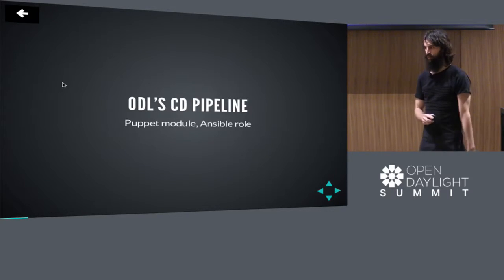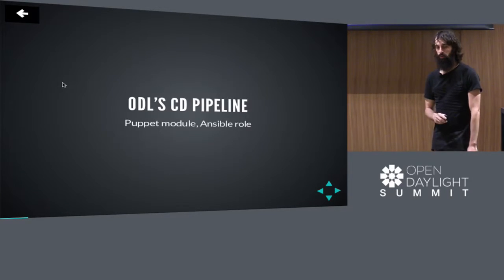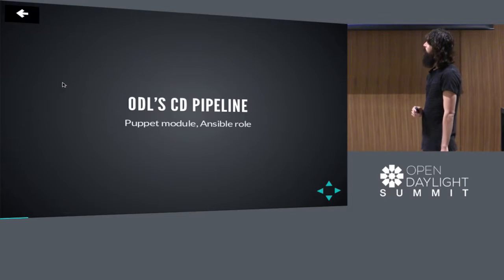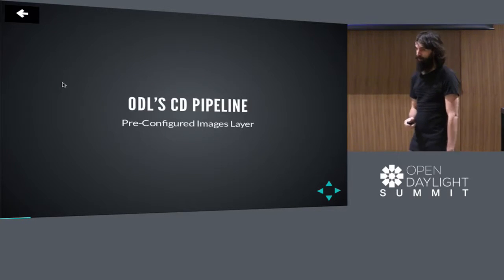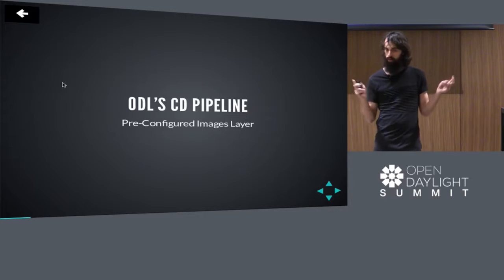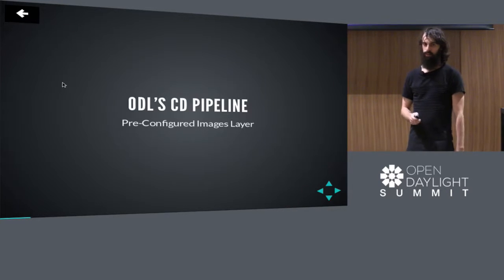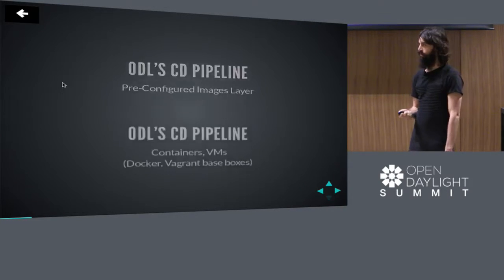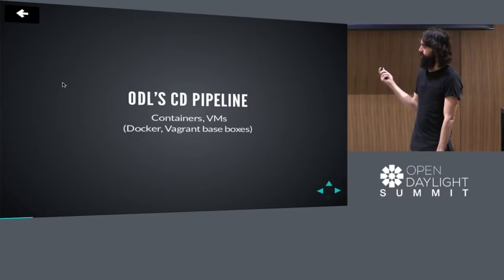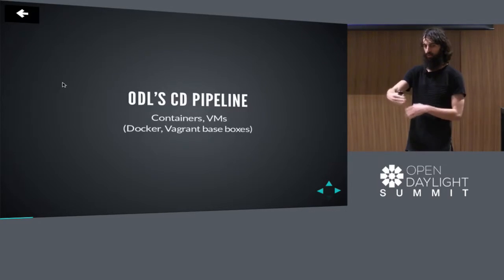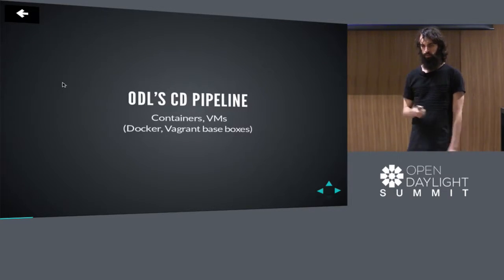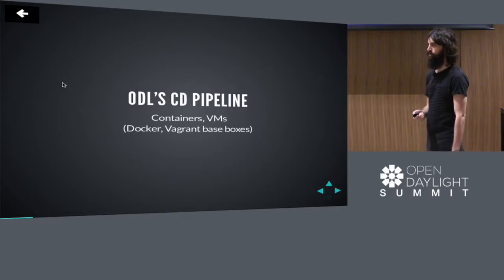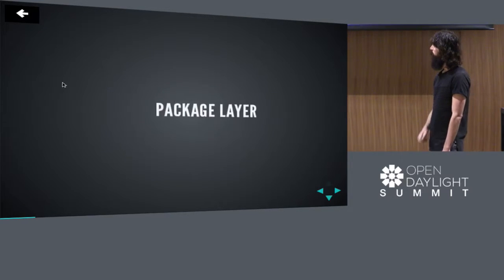Other third parties have things that we're kind of working on upstreaming more, like Juju Charms, for example. And then the final third layer, we have what I call pre-configured images. So these are things like Vagrant base boxes or Docker containers that are built using tools like Packer. And again, each of these layers consumes the previous layers. So these are built using tools like Ansible, which in turn use tools like our RPM and deb.